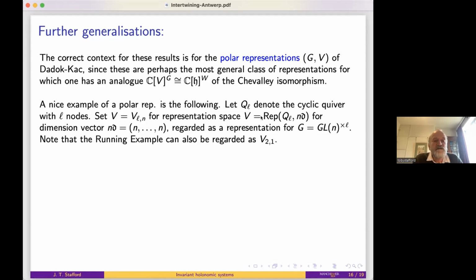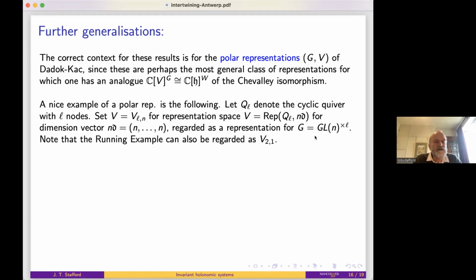So suppose, as in Damien's talk, we take a quiver. Let's take the cyclic quiver in this case with L nodes. And then I'm going to take the representation space where the dimension vector is just a constant n for some n. And then I'm going to regard that as a representation for the product of L copies of GL_n.